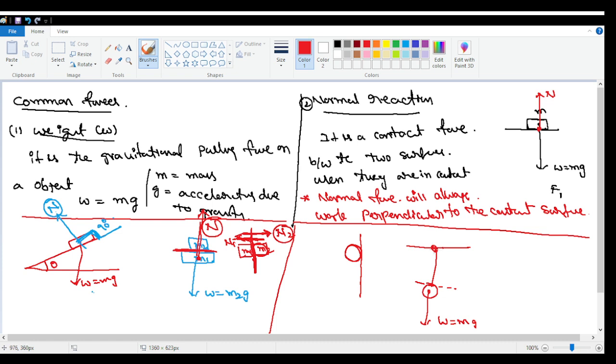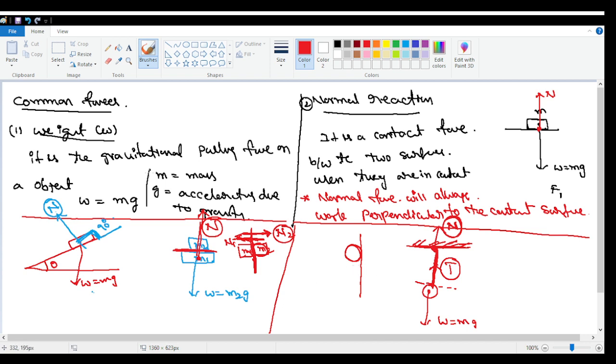The normal force is acting in the vertically upward direction at this point, this is the location of the normal force. On the rope, the tensile force T will act. Due to this, the normal force will generate on the contacting surface of the wall.